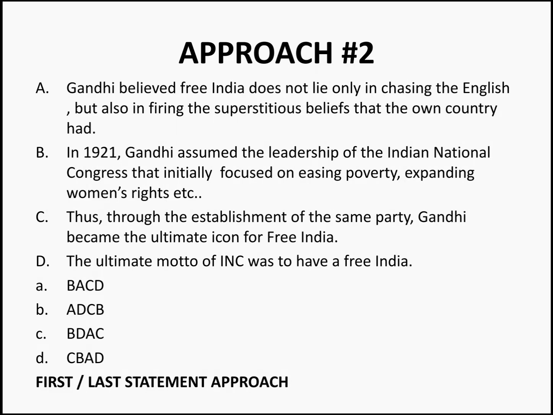And the other three statements also talk about the same concept, that is, how did Gandhi enter politics, how did Gandhi enter into INC and all those. So obviously you can assume that statement C is going to be your final sentence. So in that way, option C is your answer because that is the only option that ends with statement C. Hope you got it.